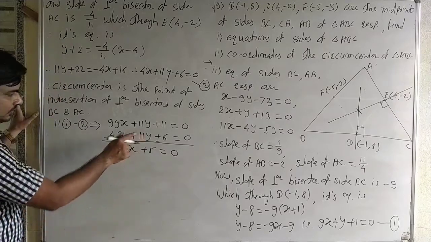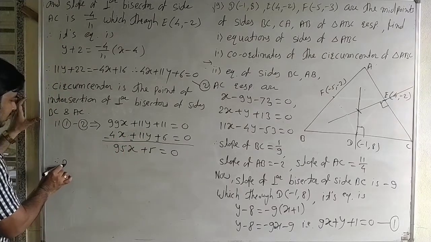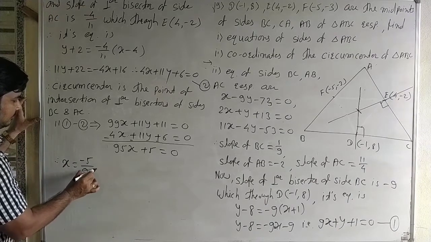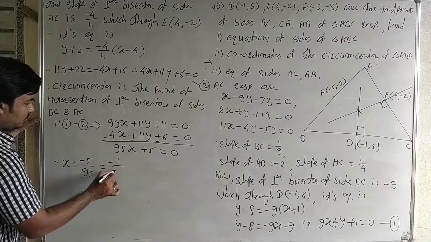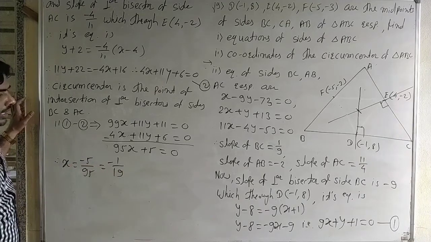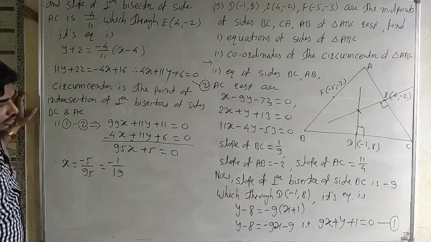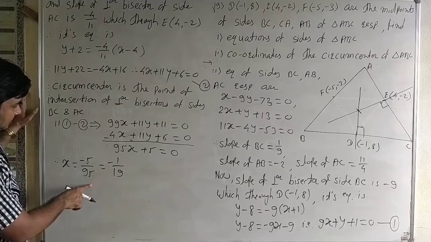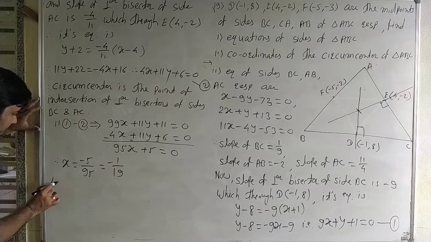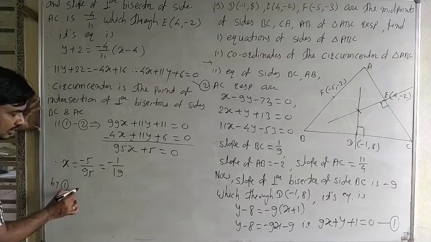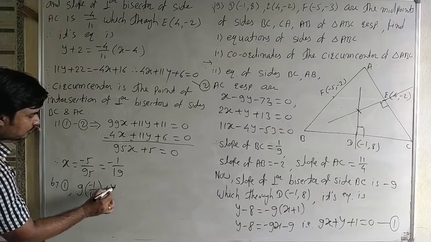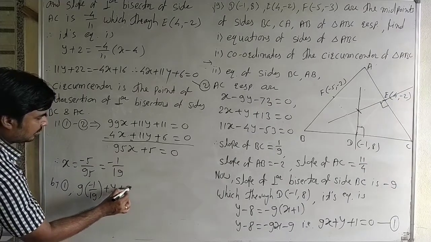See carefully. Therefore x is equal to minus 5 upon 95, that means minus 1 by 19. X is equal to minus 1 by 19, and therefore we find the value of y by using equation 1 or 2. Using equation number 1: 9 into minus 1 by 19 plus y plus 1 is equal to 0.